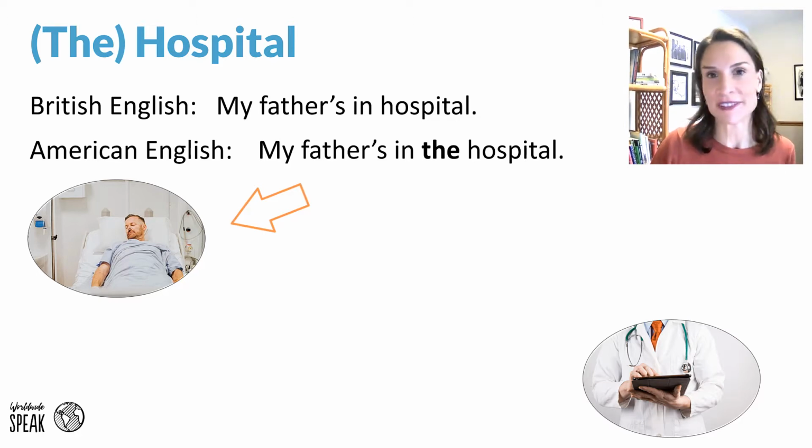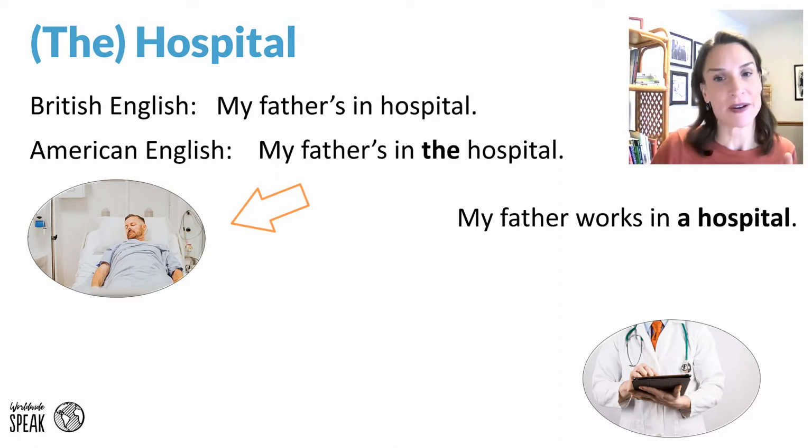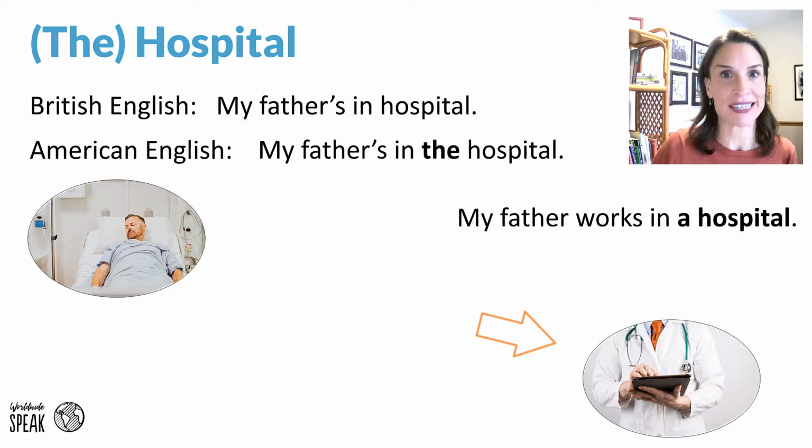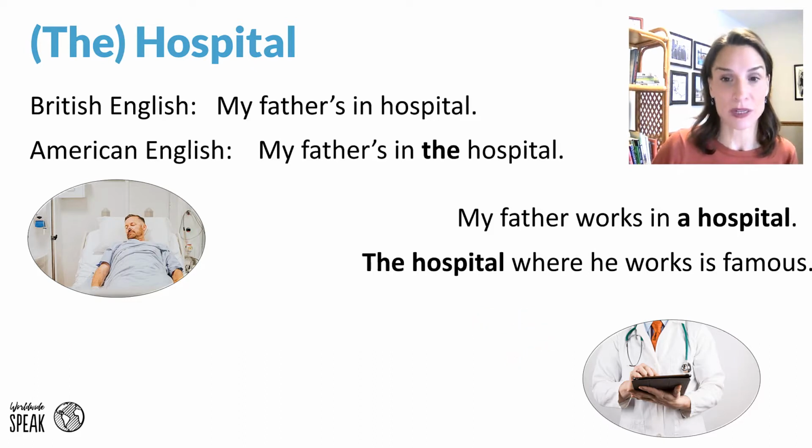Why do we have this difference? No idea, but we do. So I will say, my father's in the hospital. And this means he's a patient. Now, if I say my father works in a hospital, or my father is in a hospital, then this is thinking about it like a building, the place where he works.